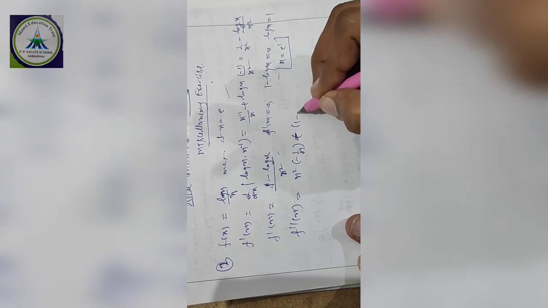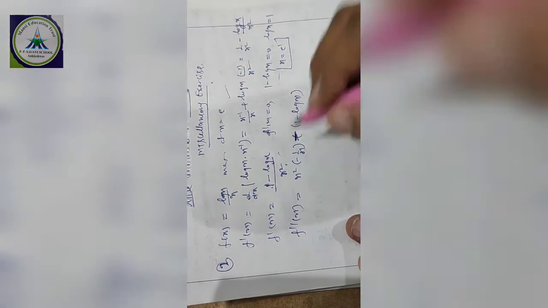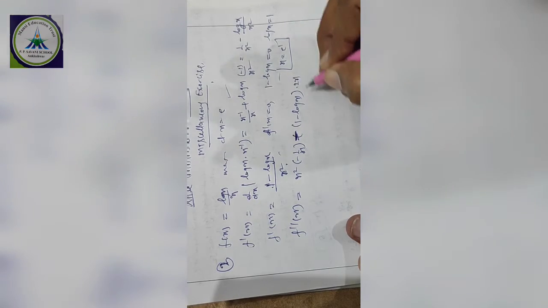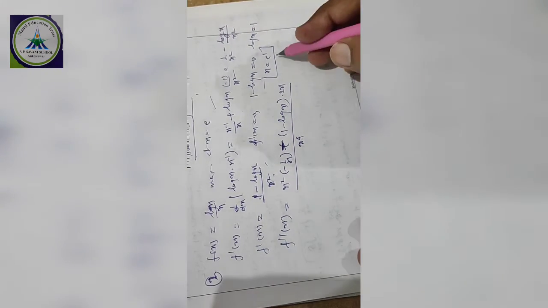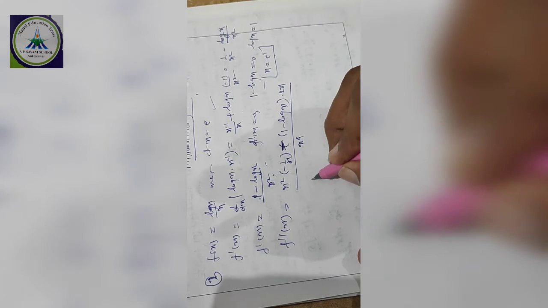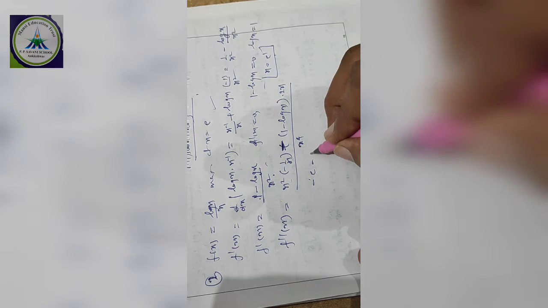Second derivative: d/dx of the first, minus 1 upon x, minus 1 minus log x into d/dx of x square, 2x, upon x raised to 4. I am putting the value of x equal to e: minus e, minus 2e into 1 minus log e, which is 0, upon e raised to 4.